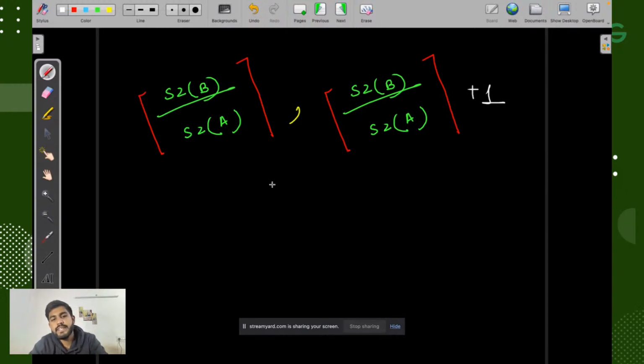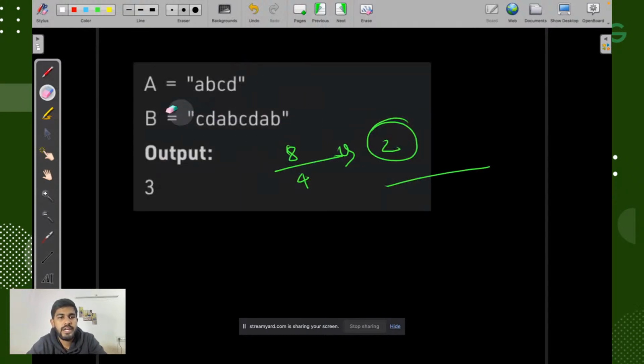Because it might be a scenario, suppose the string contains 4, so this is the example. Here abcd is repeated once, and then 2 characters here it is repeated, 2 characters here it is repeated. It seems like we are repeating abcd 2 times, but in reality it is getting repeated 3 times. One full, and then one half this side, one half this side.